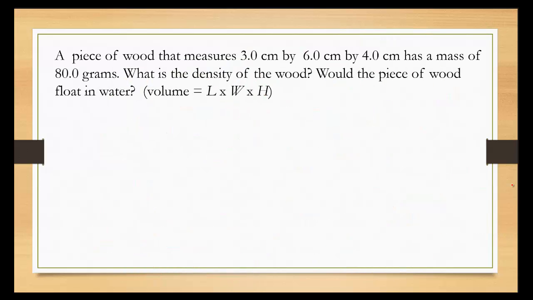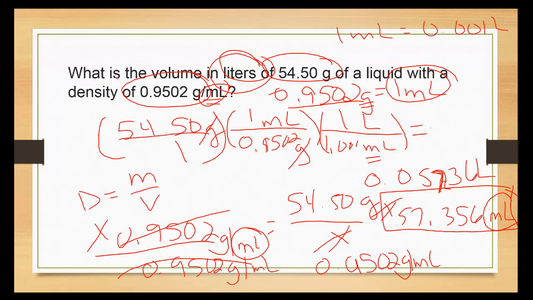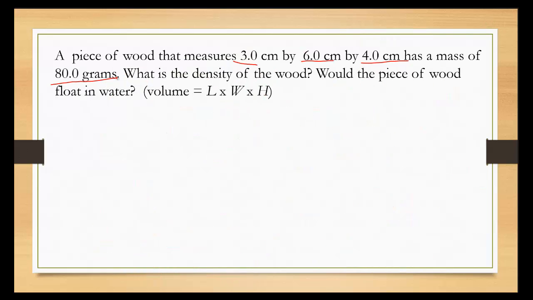Alright, so what if they don't give you the volume, but they give you some other information? A piece of wood that measures 3 centimeters by 6 centimeters by 4 centimeters has a mass of 80.0 grams. What's the density? When they give you the density in the question itself, you can use it as a conversion factor. If they don't, that means you have to use the equation.